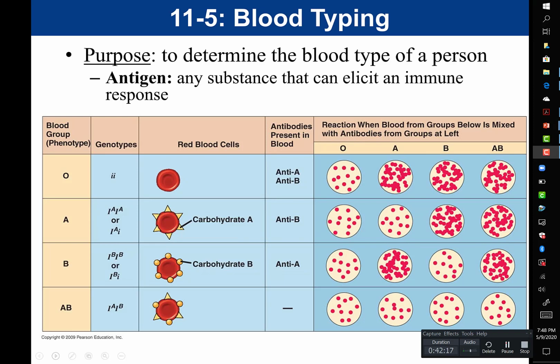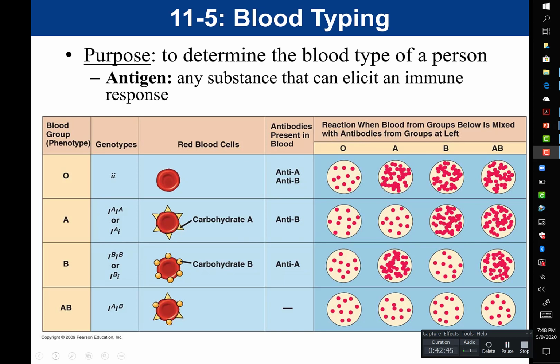So for our blood typing, the purpose is to determine the blood type of a person. And so what that means is that we're trying to determine what blood type somebody is. When we look at blood types, we have 4 what are called phenotypes, or 4 blood types. We have blood type O, A, B, or AB.